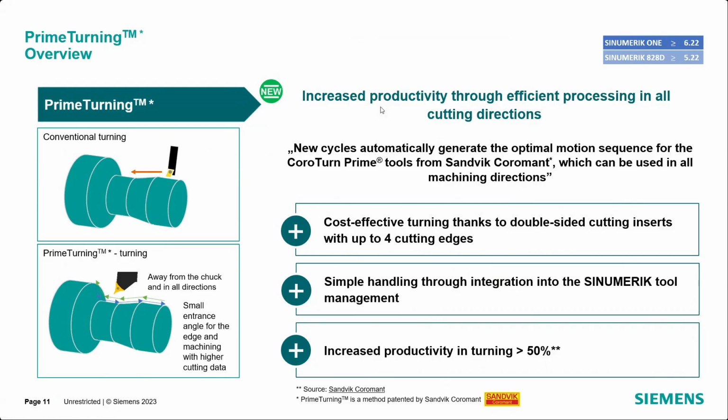Now, the trick with this, and the hard thing, the reason everyone doesn't have a prime tool, is this requires either a CAM system that knows prime turning or having some capability of doing this on the control, because at the end of the day, most CAM systems and most cycles on controls from a conversational standpoint are for traditional turning. They want to go and push towards the chuck.